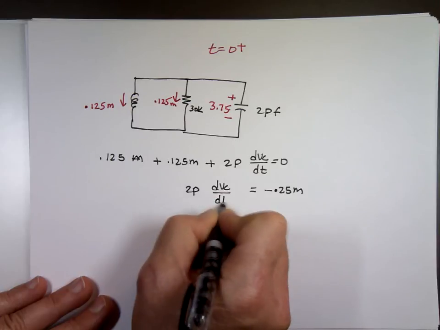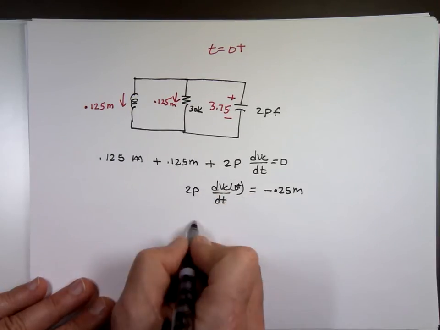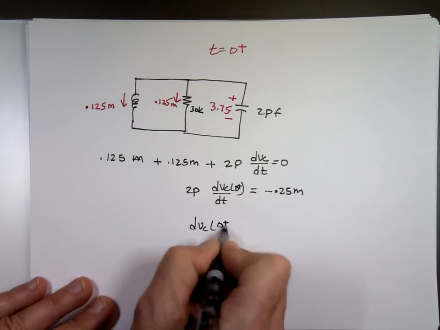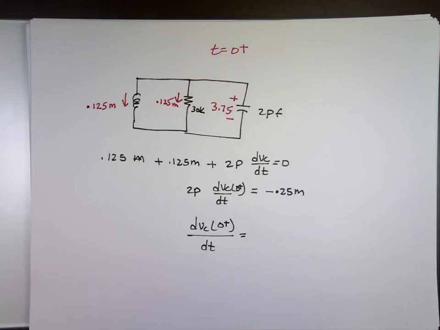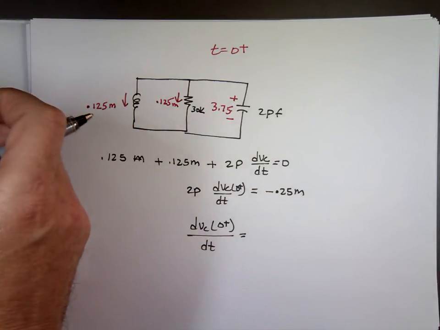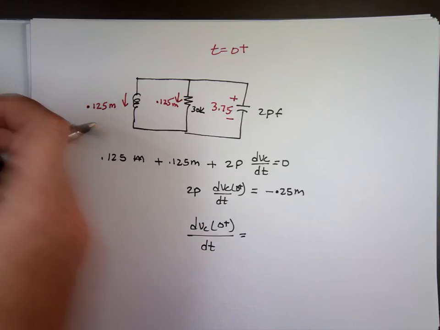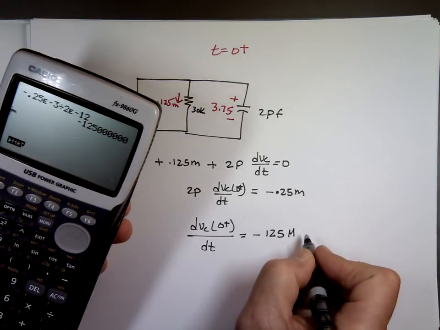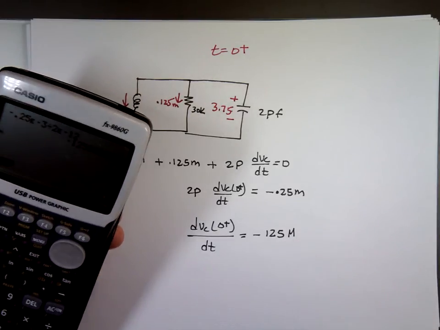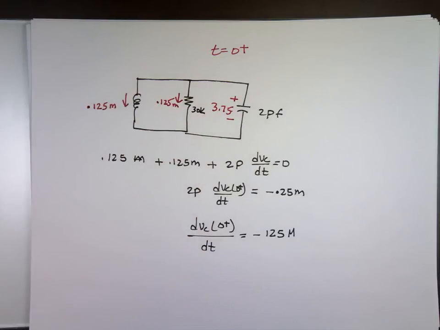So what's the derivative at 0 plus? Negative 0.25 e to the negative 3 divided by 2 e to the negative 12. Lots of zeros again. 1, 2, 3, 4, 5, 6. Negative 125 million. Plug it here. 10 to the 6 will cancel.